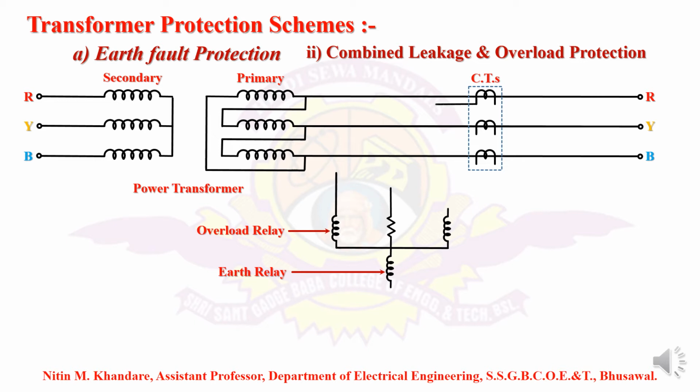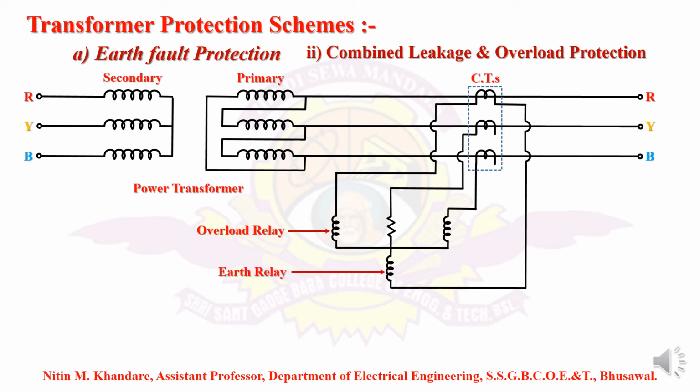One terminal of CT 1 is connected with the first overload relay. Then one terminal of the second CT is connected with the earth relay, as well as that of the third CT is connected with the second overload relay. All the second terminals of the CTs are connected with each other to form a star connection, and that is earthed properly, like this.